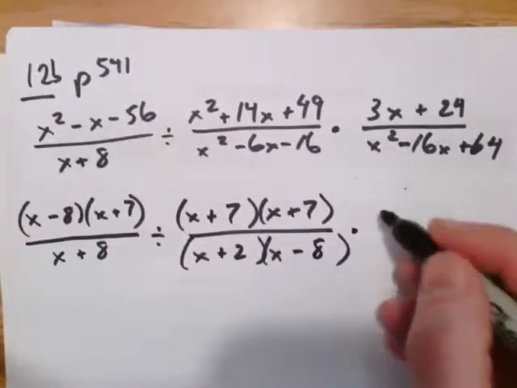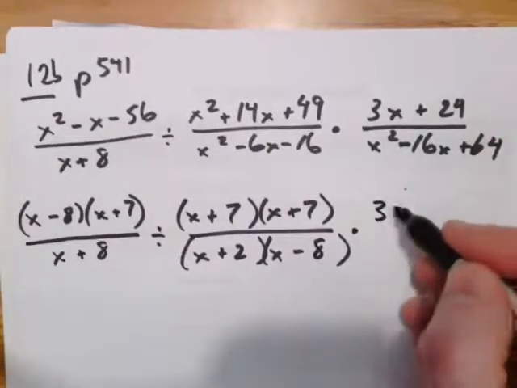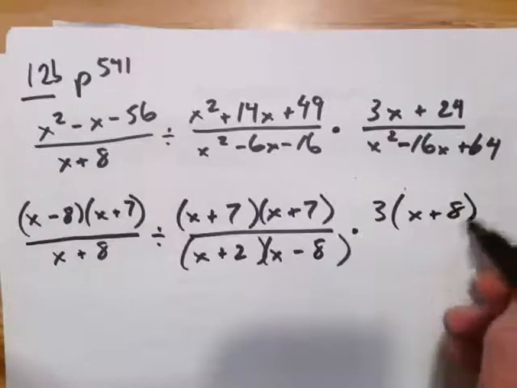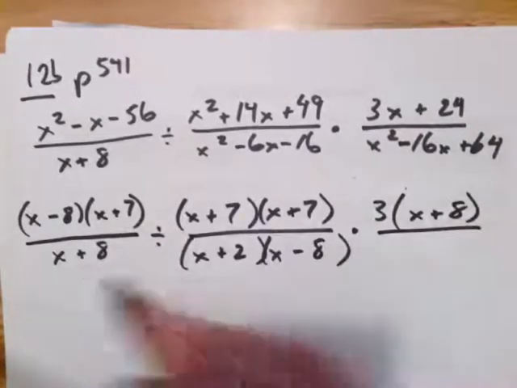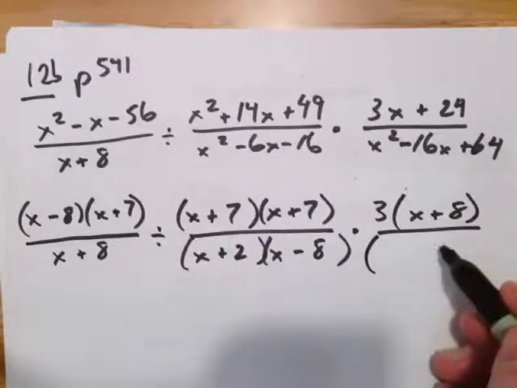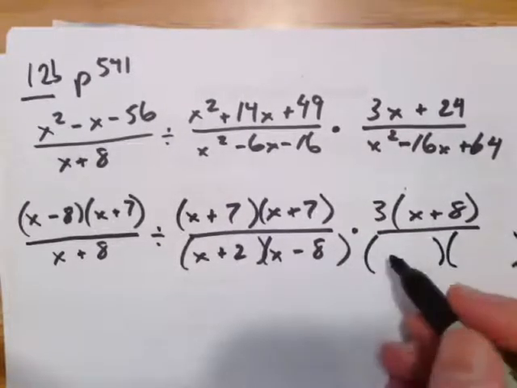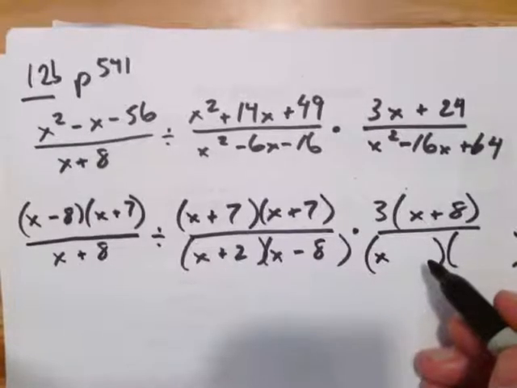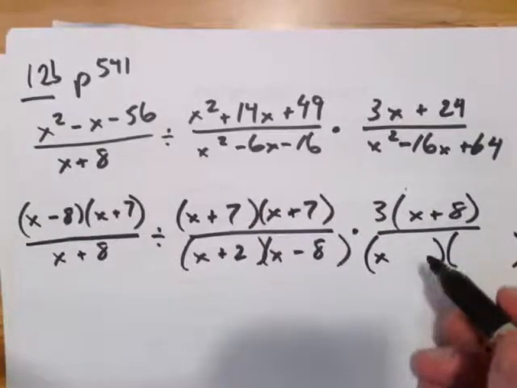Yeah, that's right. Times, now we're just taking a 3 out of the top, x plus 8. x plus 8, x plus 8, over x minus 8 squared.